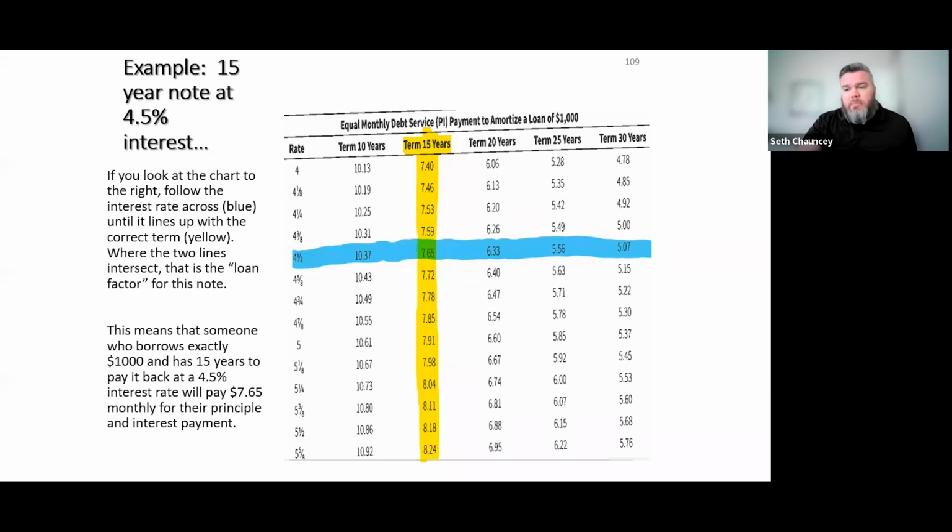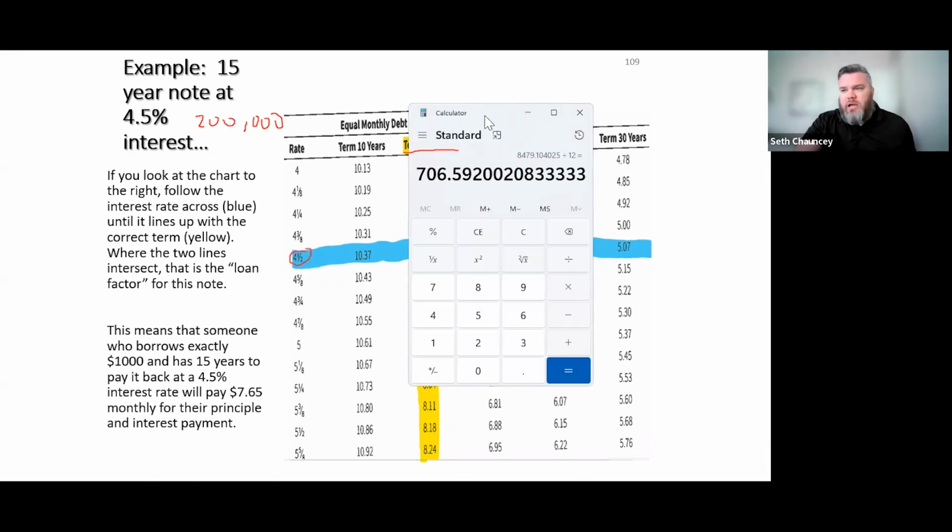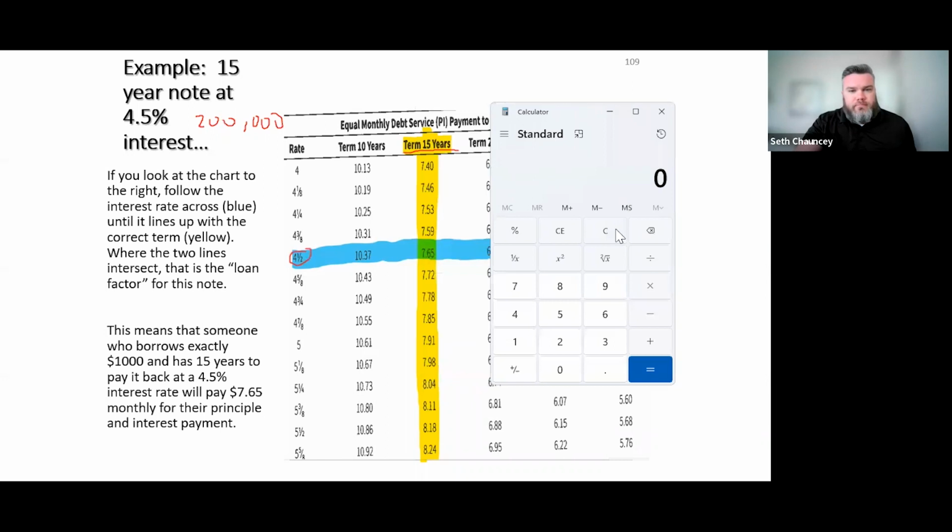And so if you think about it, if you were borrowing $200,000, promise to pay it back over 15 years at 4.5%, you would have to pay $7.65 to amortize $1,000. Well, you're not trying to amortize $1,000. You're trying to amortize how much? 200,000. So all you have to do is take your loan amount and figure out how many times 1,000 goes into it.